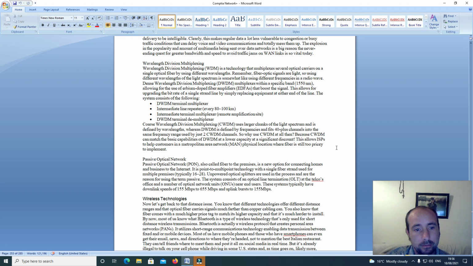Dense wavelength division multiplexing, DWDM, multiplexes within a specific band, 1550 nm, allowing for the use of erbium doped fibre amplifiers, EDFAs, to boost the signal.